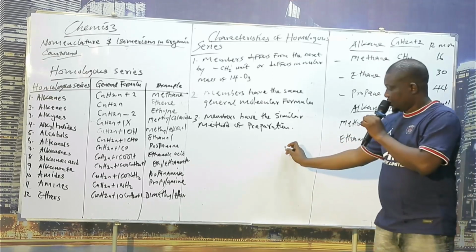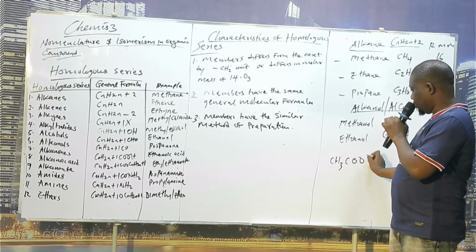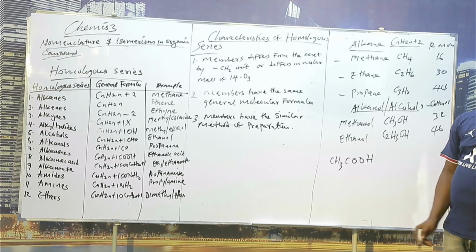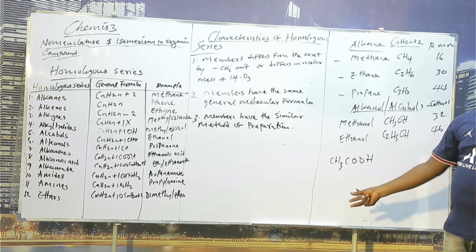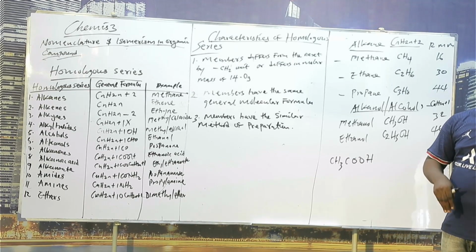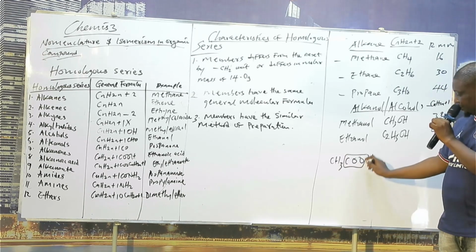What do you call this? CH3COOH. What do you call this? Ethanoic acid. I want to prepare methane here. I will decarboxylate it. You know what decarboxylation is? Removal of carbon in form of what? CO2. Remove CO2 from this.